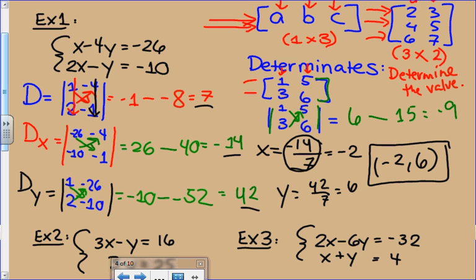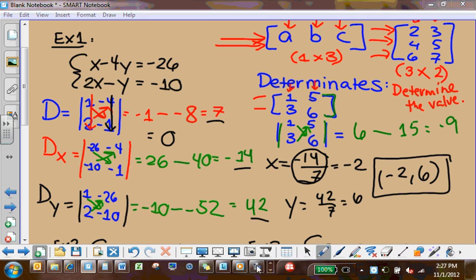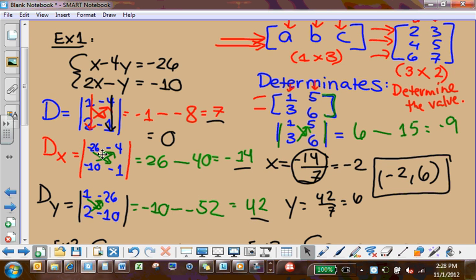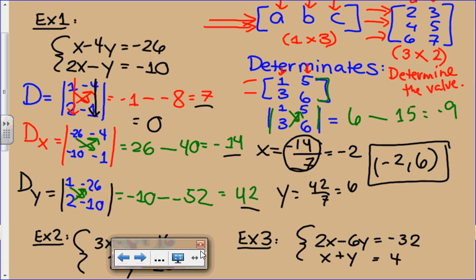What else do I need to talk about? Sometimes your big D value will be a 0. So if your big D comes out as 0, then that's going to tell you that it's either going to be no solutions or infinite solutions.